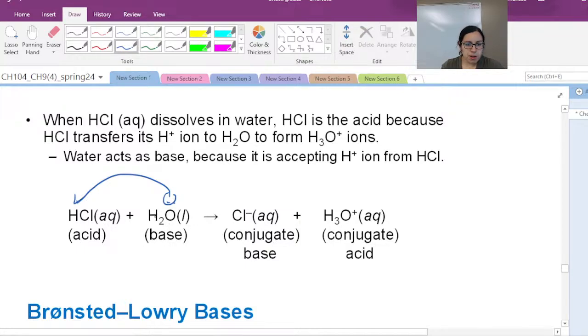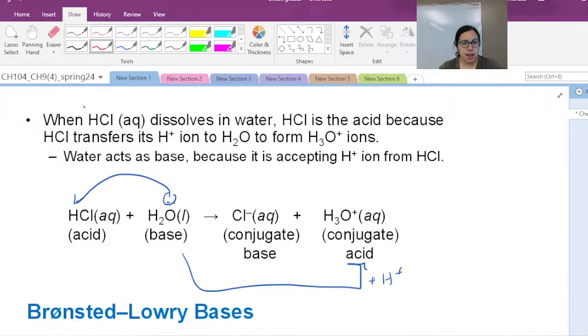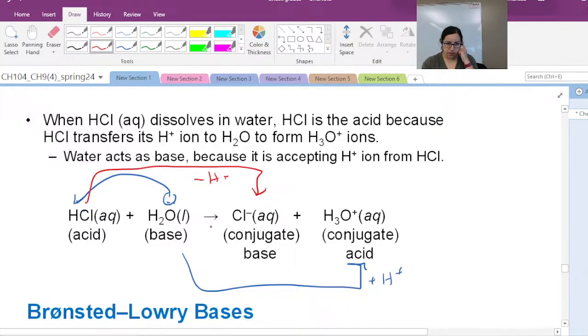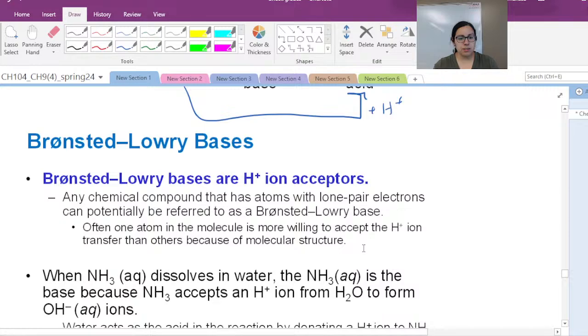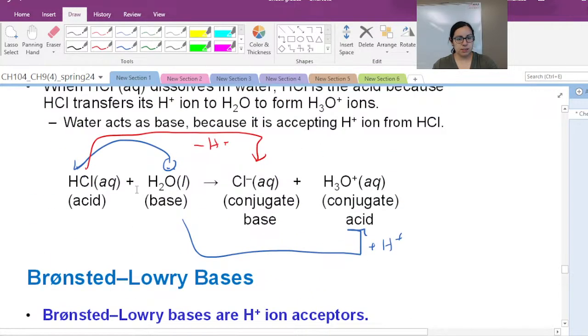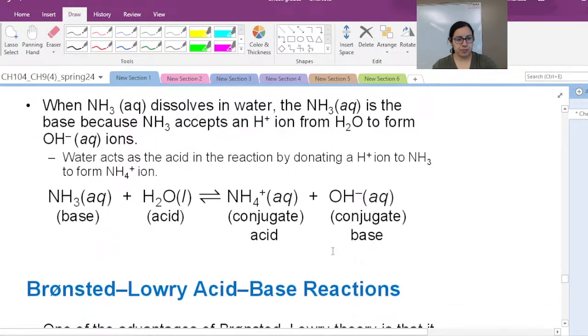Just compare: our base gained a proton to go from base to conjugate acid, plus a proton. And our conjugate base started as an acid and then just lost a hydrogen there. So let's see this for something that's not as simple as HCl.